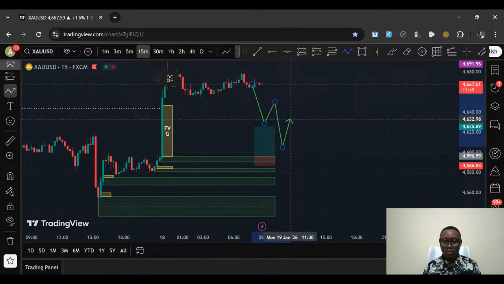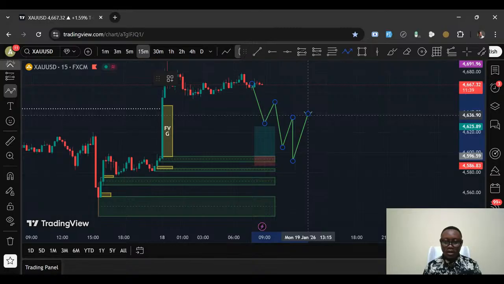tap into the zone, create an inducement, right? Then come here to sweep available liquidity below the zone and tap into this rear zone, the zone before the zone, or sorry, the zone after this zone, or the zone before.